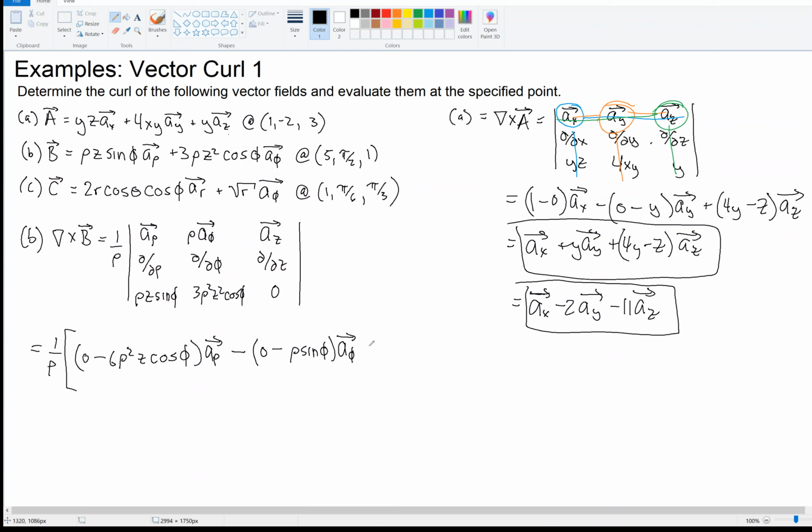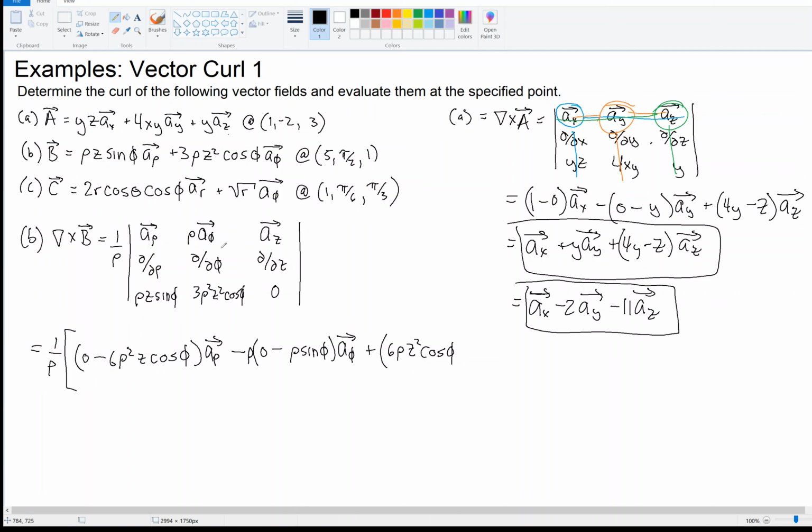And then finally we add to that, I guess since I factored out the 1 over rho, I do need to keep this rho for now. So remember that rho is coming from this guy here. Okay, so now in the a z direction, then I've got d d rho operating on this thing, so the 2 comes down in front, makes 6 rho z squared cosine phi, right?